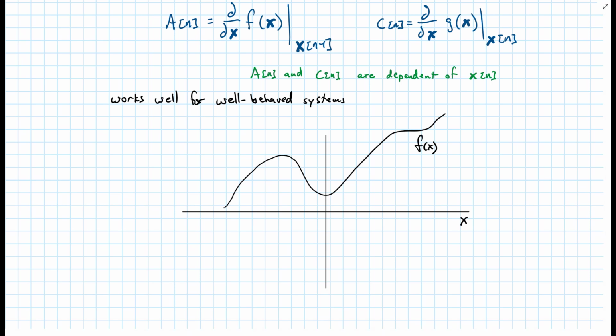We're plotting here a one-dimensional system. Suppose that our operating point were this, then our A is going to be given by the tangent curve, which I'm not great at drawing. There we go. A little bit later, maybe we're down here, and we now have a new state update that looks like so.